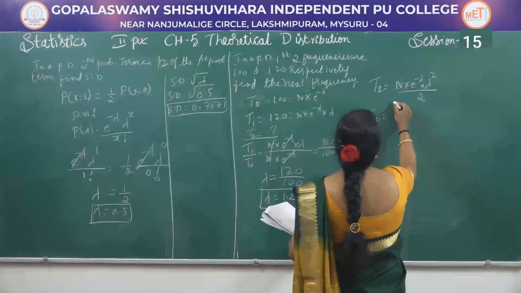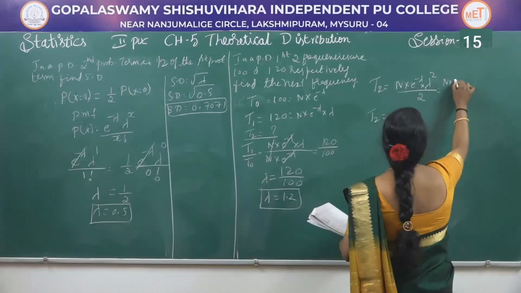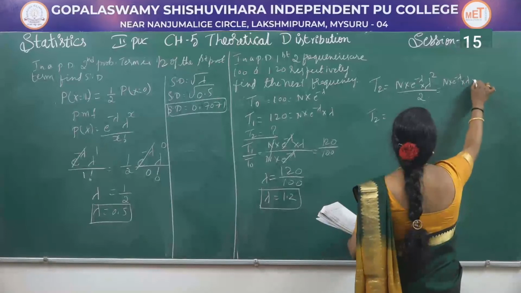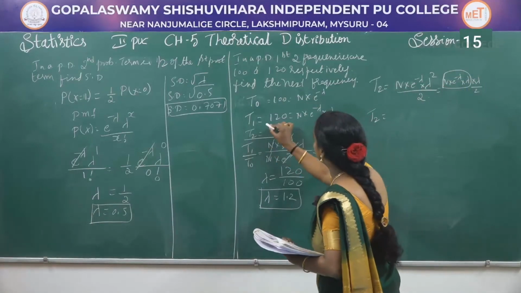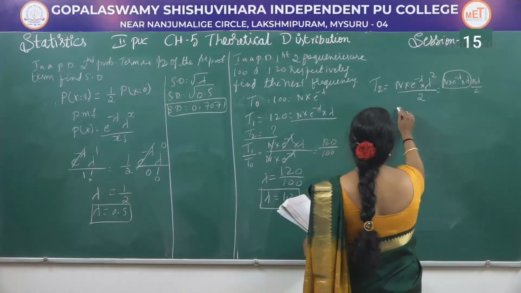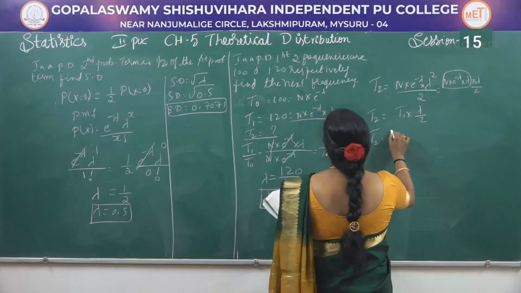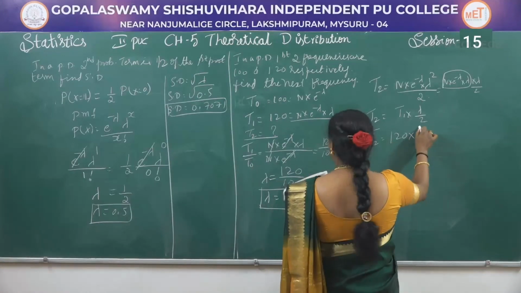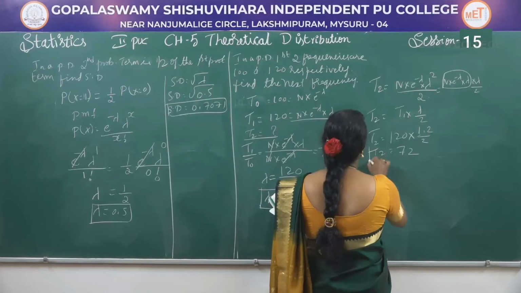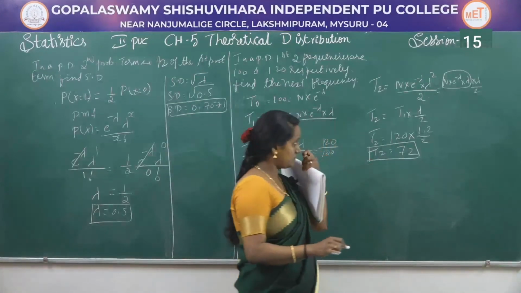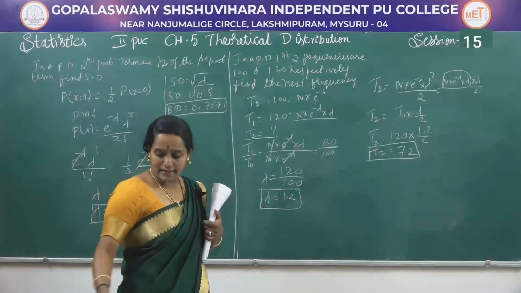I'll rewrite this as n into e power minus lambda into lambda, by 2. This is nothing but our T1 value. So it is T1 into lambda by 2. T1 is 120 into 1.2 by 2. So T2 is equal to 72. So this is how we have calculated.